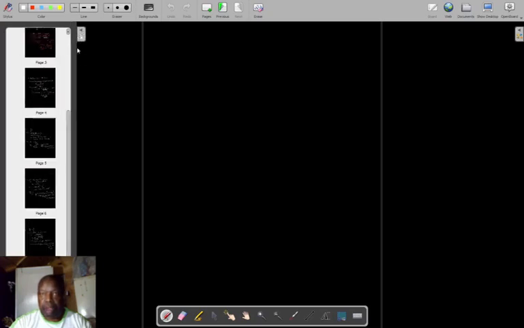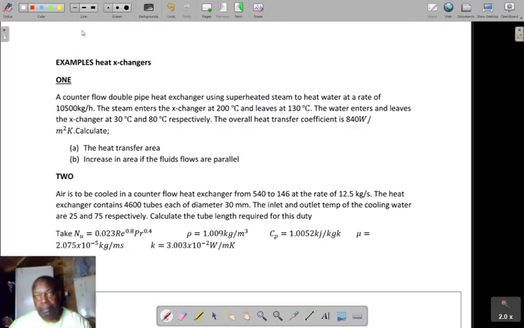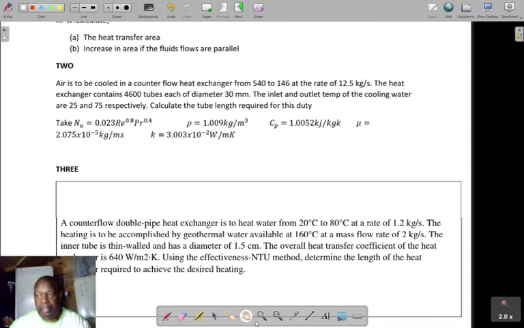Finally, let us go to our last example, and the example reads: a counterflow double pipe heat exchanger is to heat water from 20 degrees to 80 degrees at a rate of 1.2 kilograms per second.